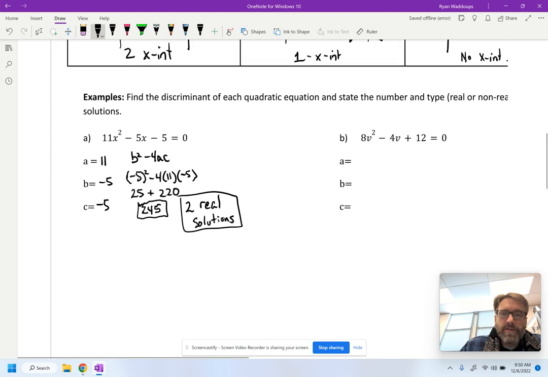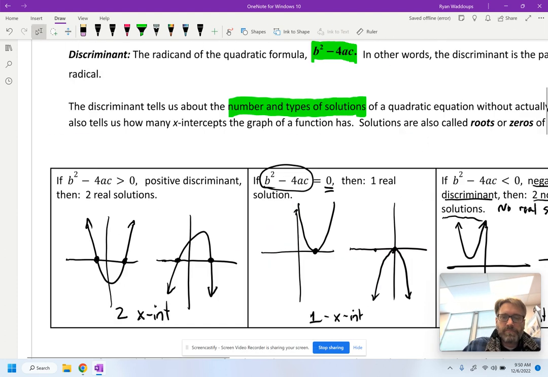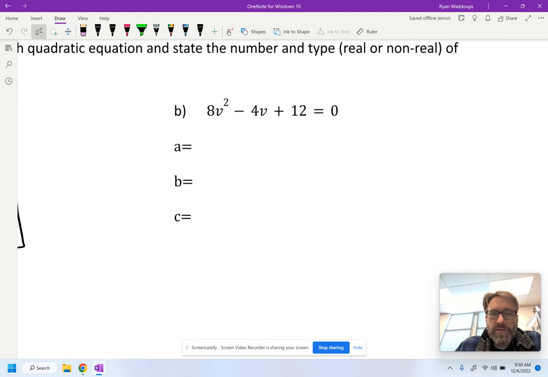All right. Let's look at example B. So just want to check to make sure that it is in standard form, and it is. You've got your squared term, and then your single term, and then you've got your constant. So a is 8, b is negative 4, and c is 12.